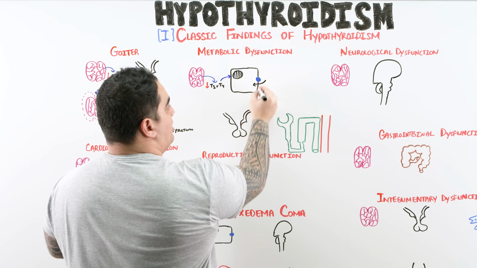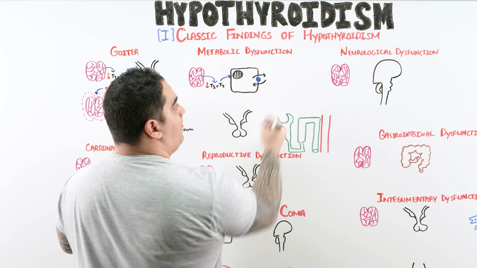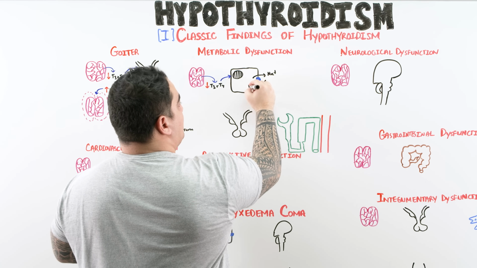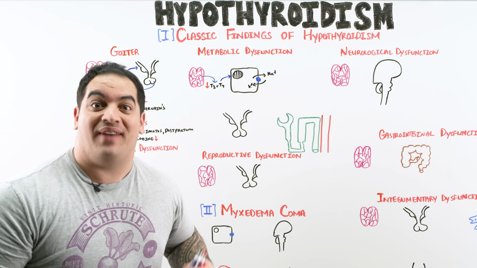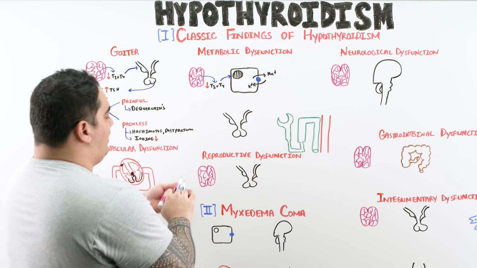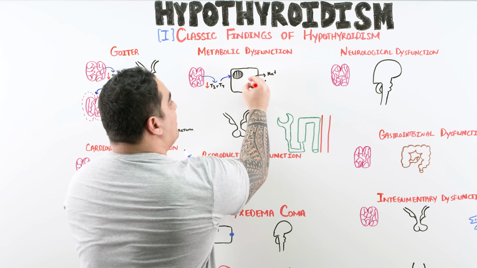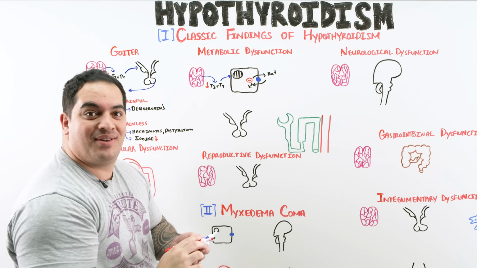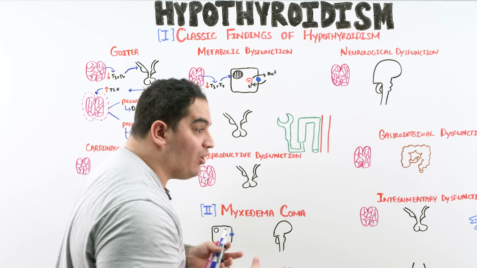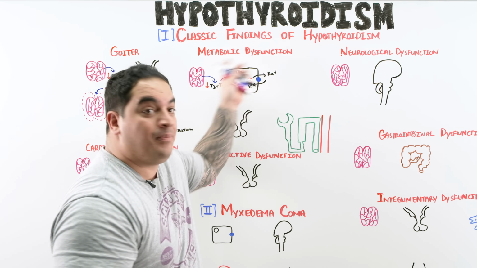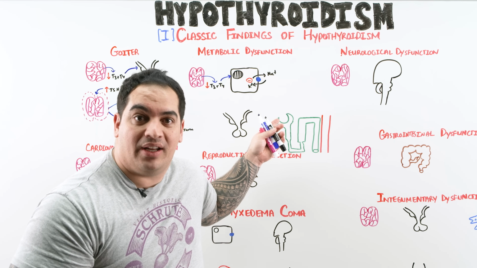So it'll move potassium into the cell and sodium out of the cell, right? Problem is it requires large amounts of ATP. If I have less thyroid hormone, I inhibit the sodium-potassium pumps. If I inhibit the sodium-potassium pumps, I will then, as a result, lead to less consumption of metabolic activity.